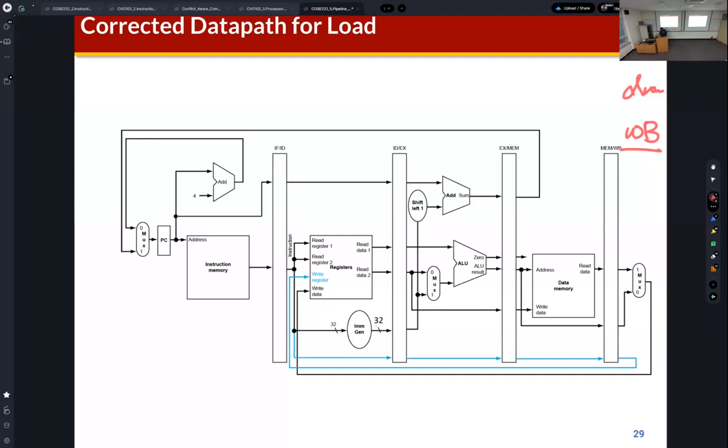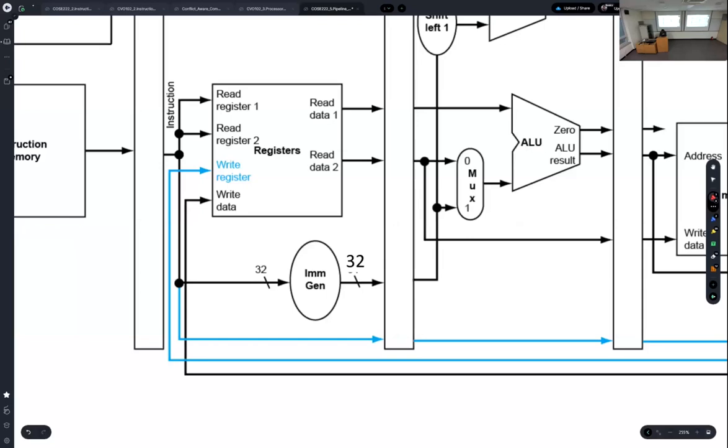If you see the write to register port here, the write to register port of this register file is not connected to the instruction from the instruction fetch and ID pipeline register.